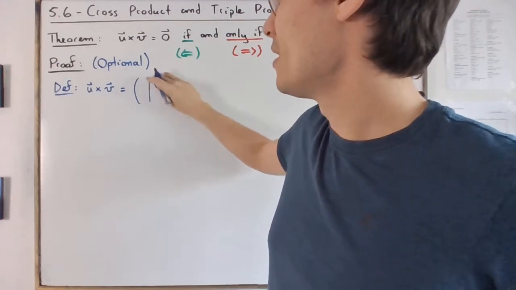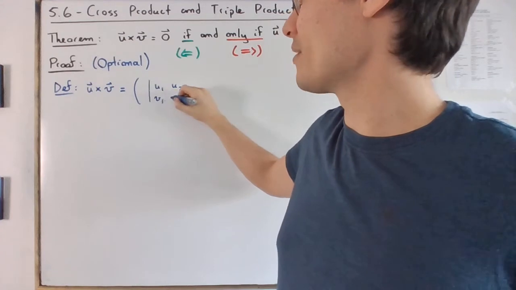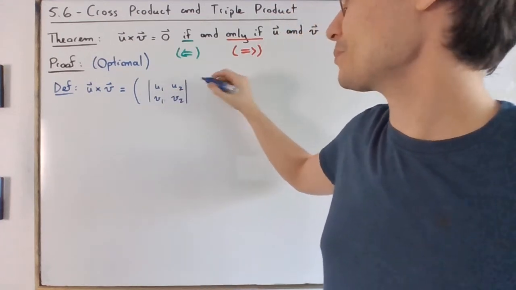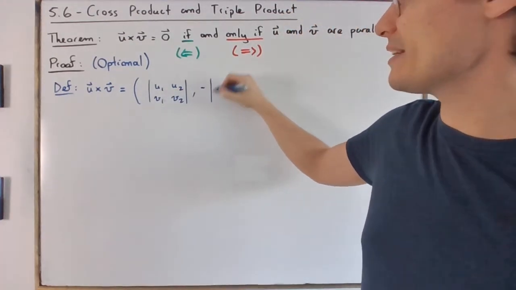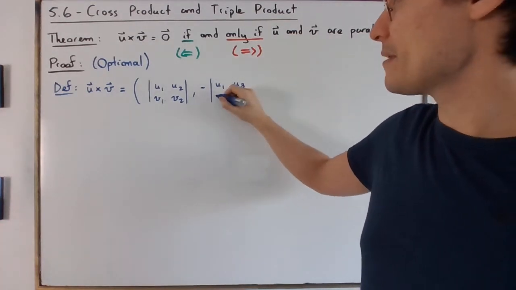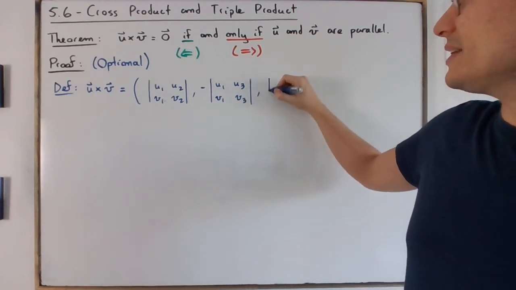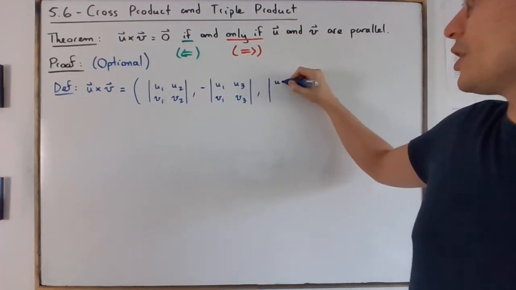It's actually better. Then you have u1, u2, v1, v2, then the negative of u1, u3, v1, v3.